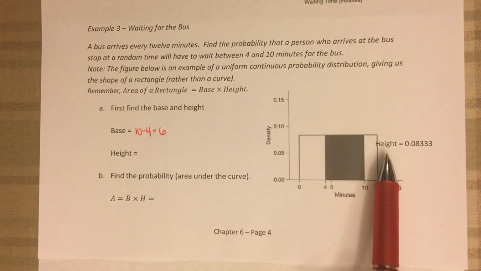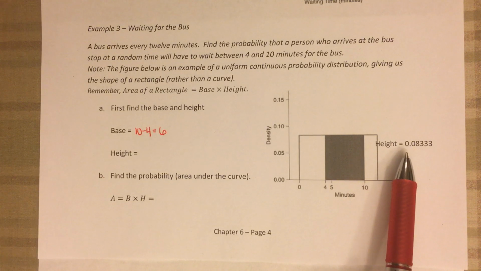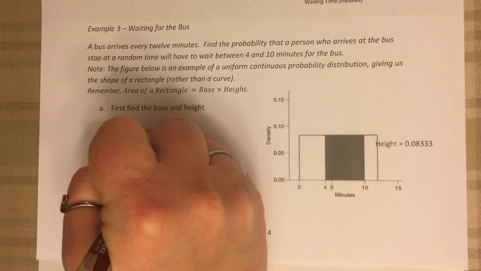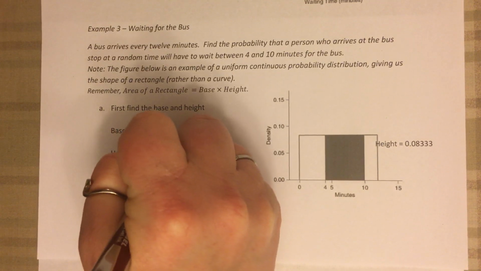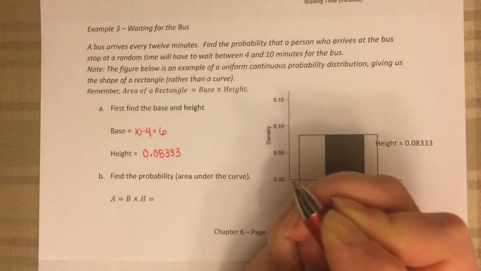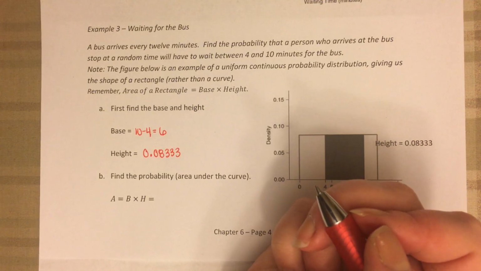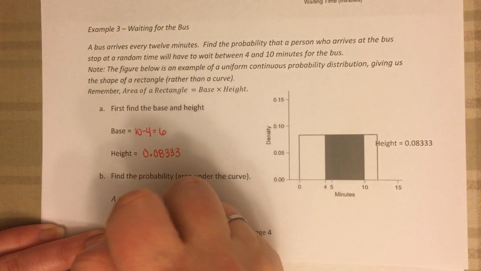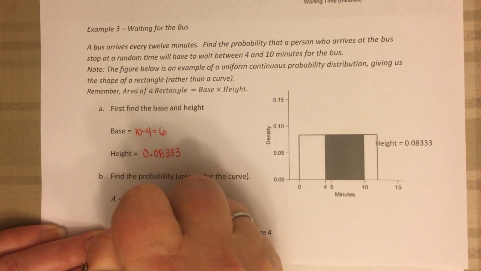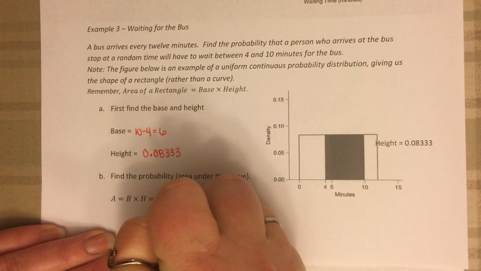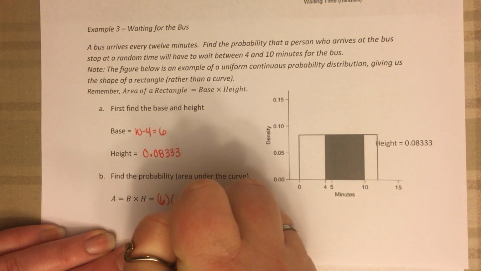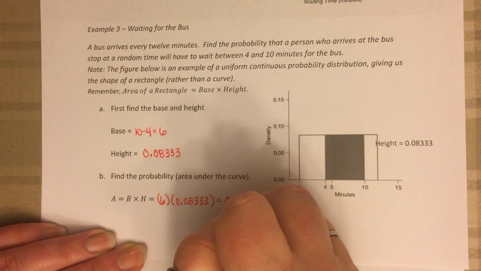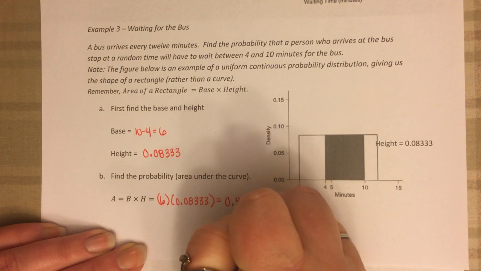We are told in our graph that our height is 0.08333. Again, we should remember that area of a rectangle is base times height. So we're going to take this 6 times 0.08333, and it works out to be 0.4998.